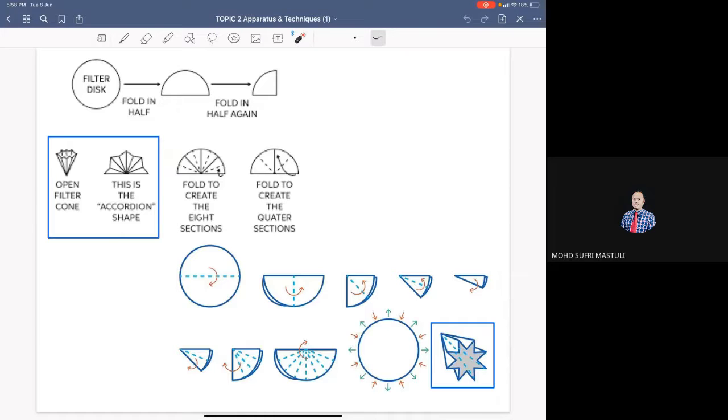This is the open filter paper cone. This is another schematic diagram to show you how to make the accordion shape of filter paper, normally used to filter a hot solution.